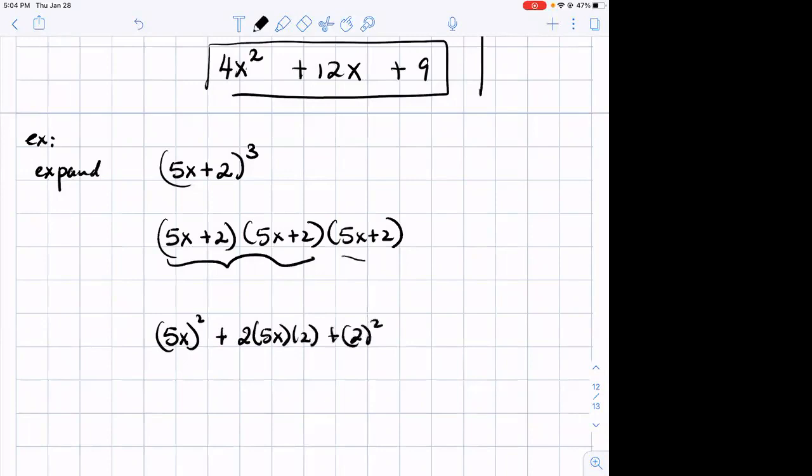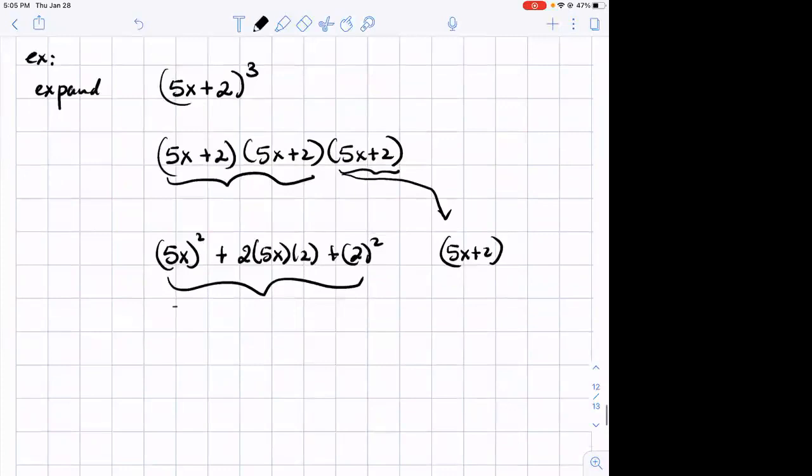We didn't touch this part here yet. So this is going to come down as 5x plus 2. If you simplify this, because this is 5x times 5x, we have 25x squared, plus 2 times 5 is 10x, plus 10x becomes plus 20x, plus 4.